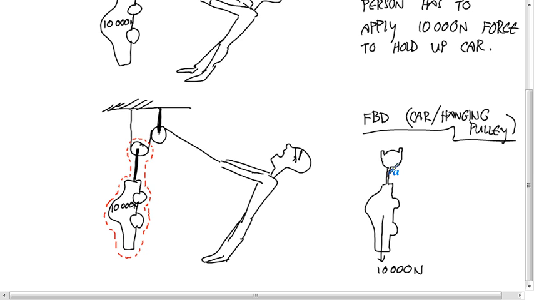Okay. And it's just a single cable that crosses that boundary in the two spots. So we know that the tension has to be the same in both places. So we have a T there and a T there. And so Newton's second law says 0, negative 10,000.